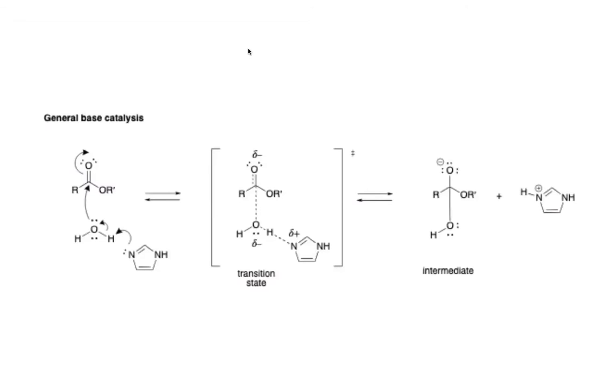When it attacks, you would have a growing positive charge on this oxygen unless you stabilized it by having this general base nearby that's abstracting the proton, preventing that positive charge from building up. Then you can have this reaction proceed more quickly than it would in the absence of that enzyme.